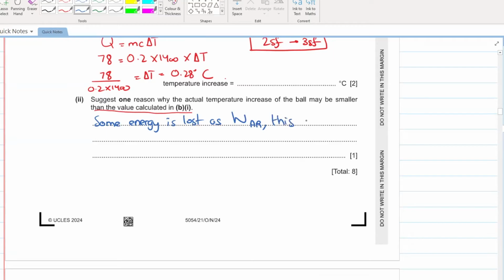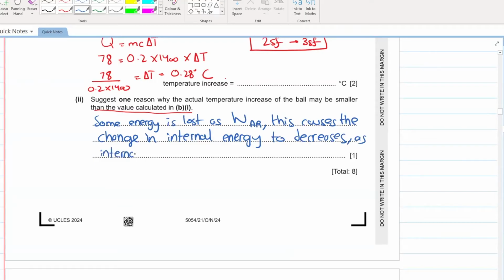This causes the change in internal energy to decrease, and as internal energy decreases, change in temperature decreases. Nothing complicated.